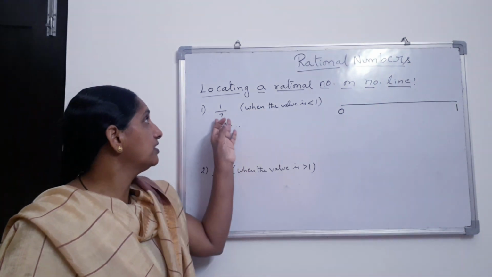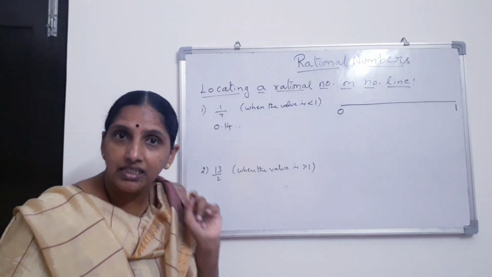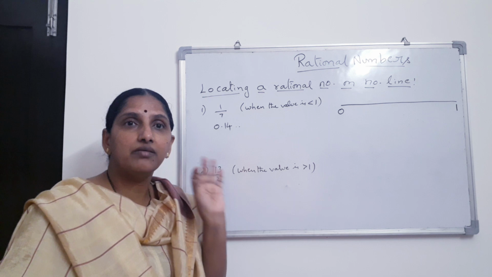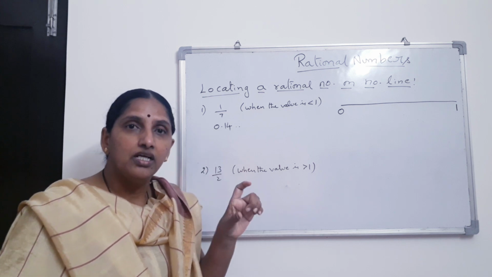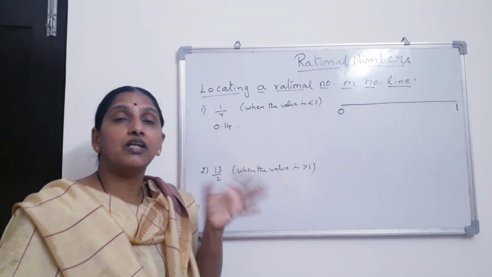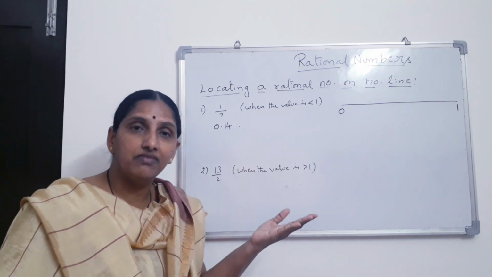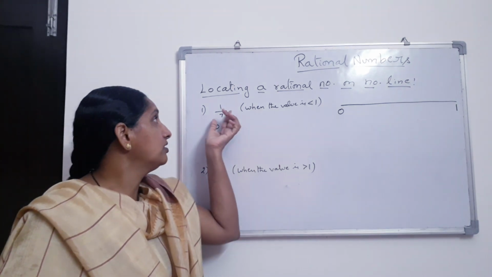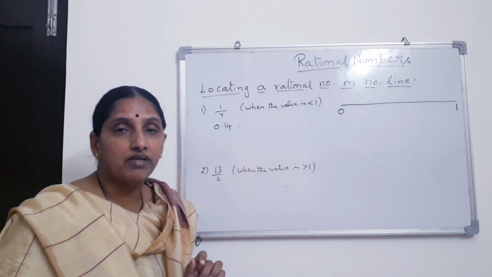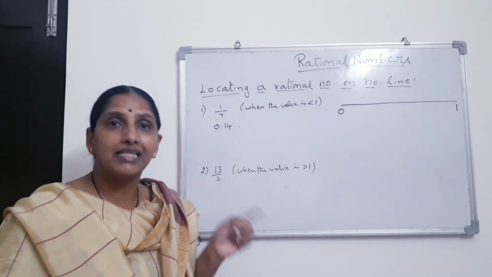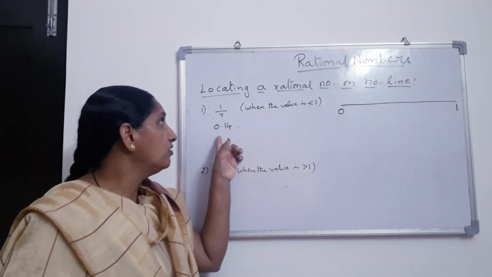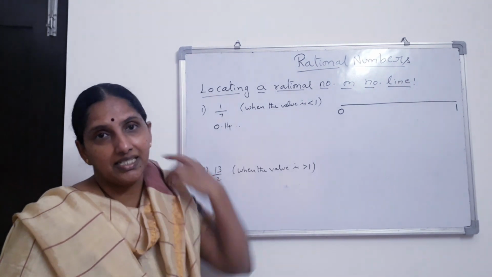And now the thing here is that the denominator is greater than the numerator. Please children, keep this in mind. Always check to know whether you are going to get the value to be greater than 1 or less than 1. It depends on the denominator and numerator values. If the denominator is greater than the numerator, then always the value will be less than 1.